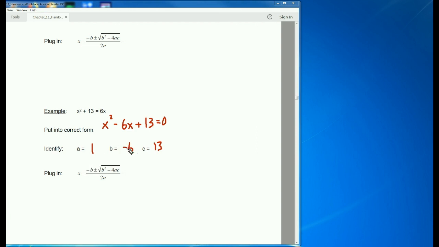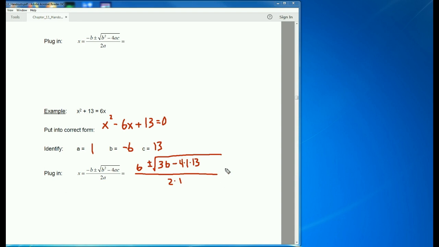The negative of -6 is +6, plus or minus the square root of b squared. Again, -6 quantity squared is going to be 36, minus 4 times a, which is 1, times c, which is 13, all over 2a.